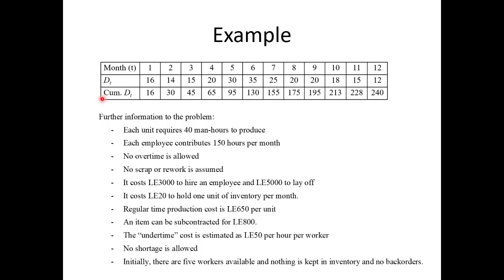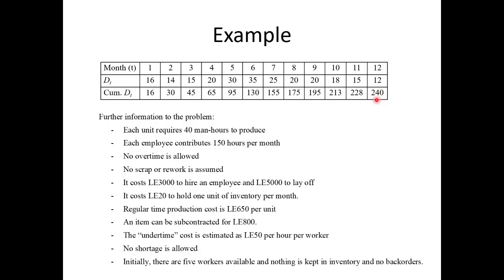The first step, usually, is to calculate the cumulative demand for each period. The cumulative demand is calculated by summing up or accumulating the demand values. So here we start with 16, and then 16 plus 14 becomes 30, 30 plus 15 is 45, and so on. At the end, we reach this value, which is 240.